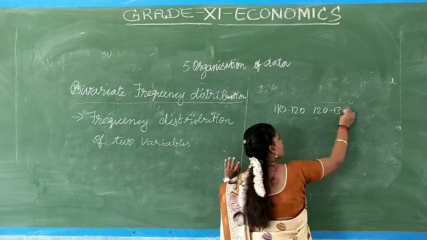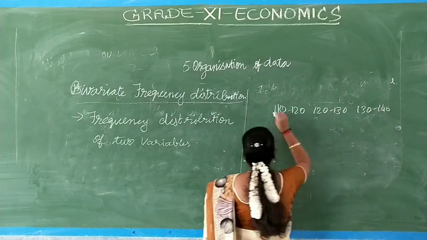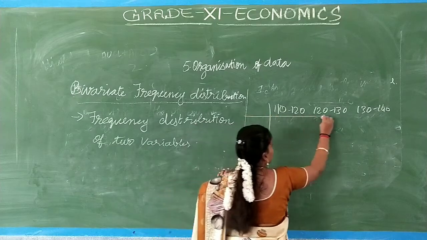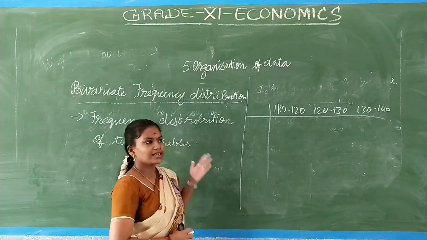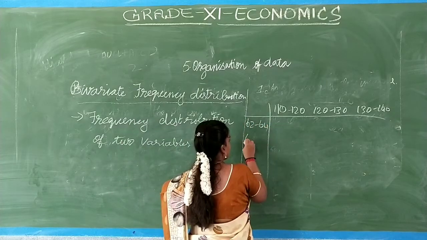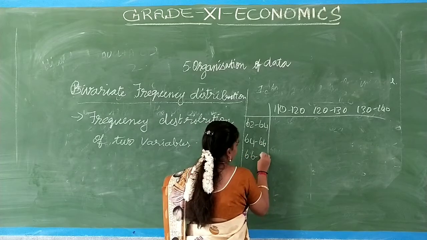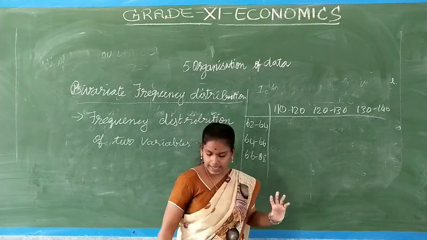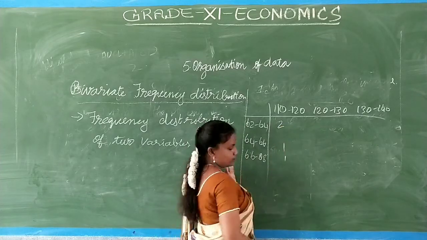I'm taking only a few values, students, for understanding. On the other side, they have the expenditure that they have incurred. Like this it is there. Means they have given you values like this. 2, 1, 1.